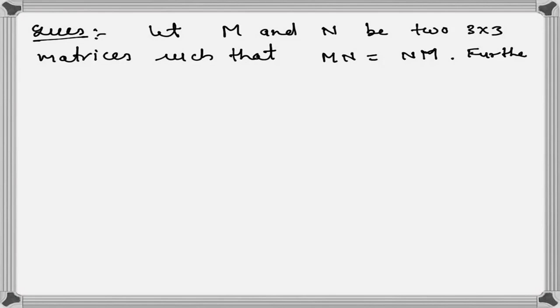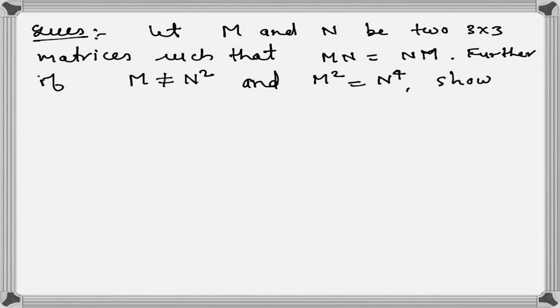Further, if M not equals to N square and M square equals to N to the power 4, show that the first part is determinant of M square plus MN square equals to 0.